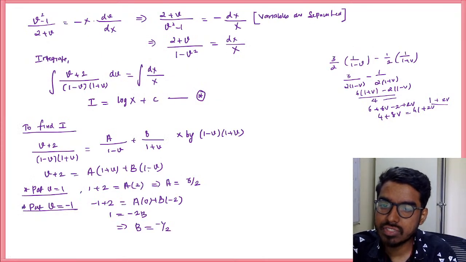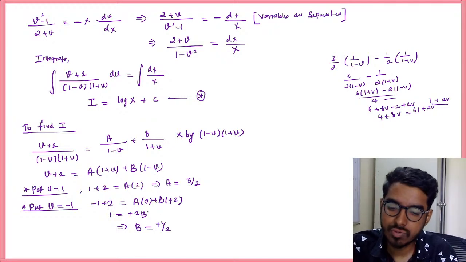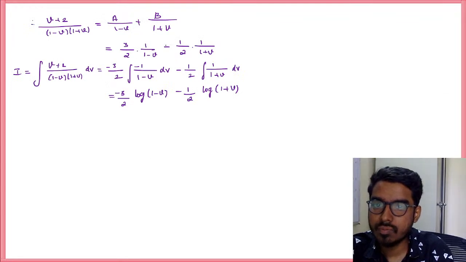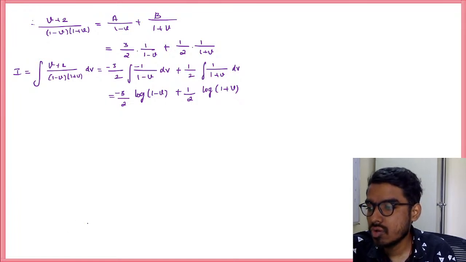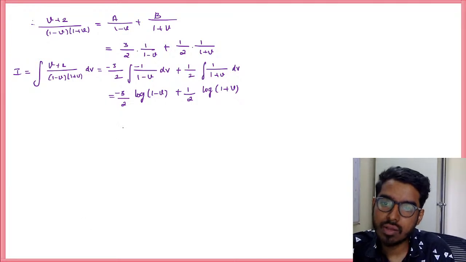B is minus 1. This will be 1 minus half minus 1, which will be plus 2, right? Sorry. B is plus 1 by 2. We will have b to be equal to plus 1 by 2. Okay, so we will have minus 3 by 2 log 1 minus b plus 1 by 2 log 1 plus b.